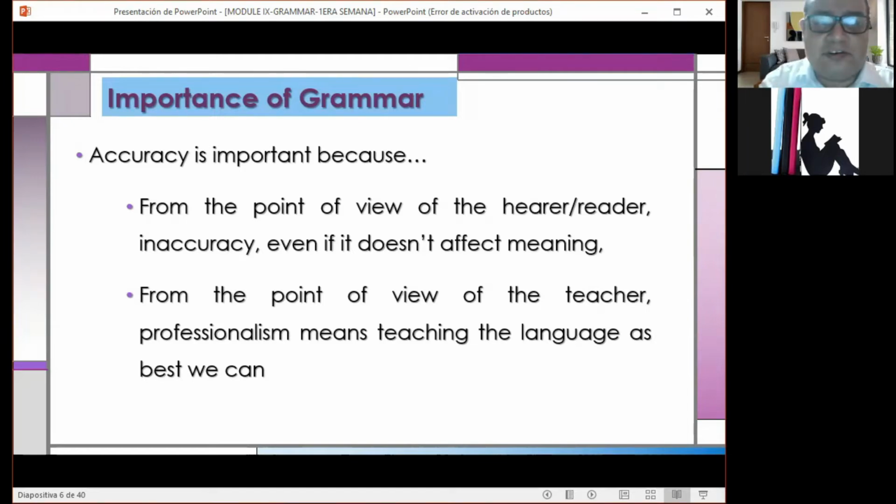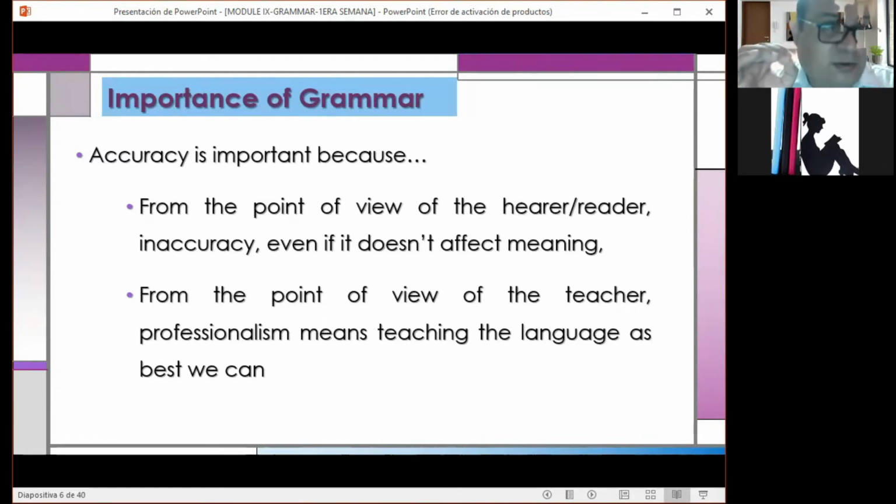This is what I told you before. The descriptive and the prescriptive. The descriptive is when people use the language in real situations. And the prescriptive is that you have to use the language as best you can.